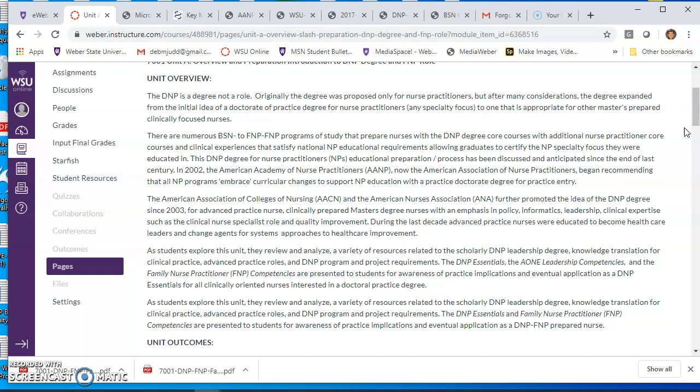And what that means is that there is an emphasis not only on technical skills, but on the process of diagnostic reasoning, scholarship, evidence-based practice, and what that means as far as becoming a provider for direct patient care, and also some aspects of indirect systems, policy, quality improvement, leadership in whatever role or organization you serve in.